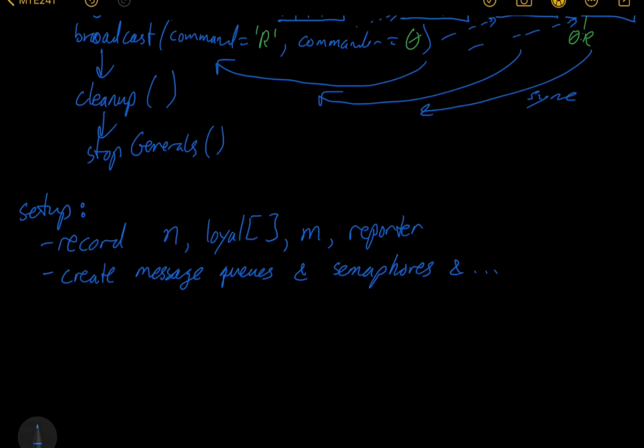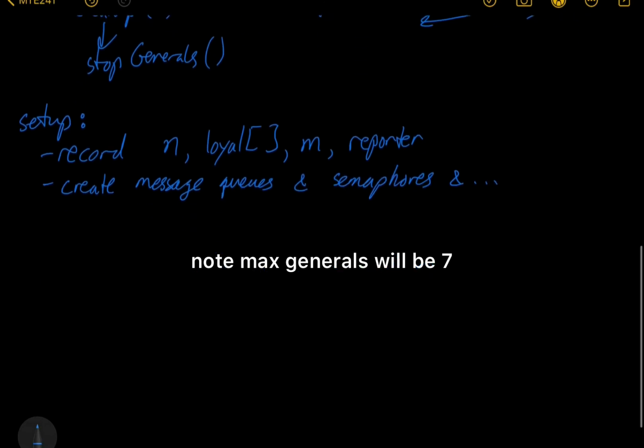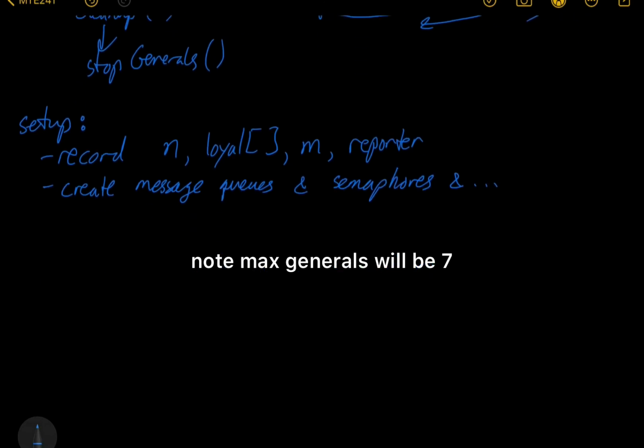And then the next thing we should look at is, I guess, broadcast. So like I said, broadcast is actually executed by the test thread, and it's going to simulate being the commander.